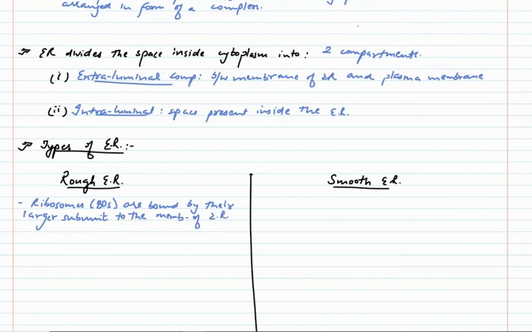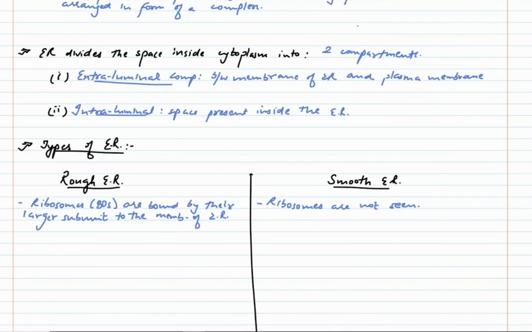So when ribosomes are present, it is known as rough endoplasmic reticulum. In smooth endoplasmic reticulum, ribosomes are not seen. These ribosomes are attached by the help of two proteins known as ribophorin 1 and 2 on the surface of rough endoplasmic reticulum.